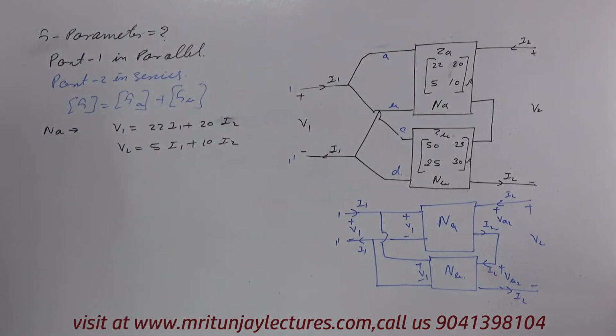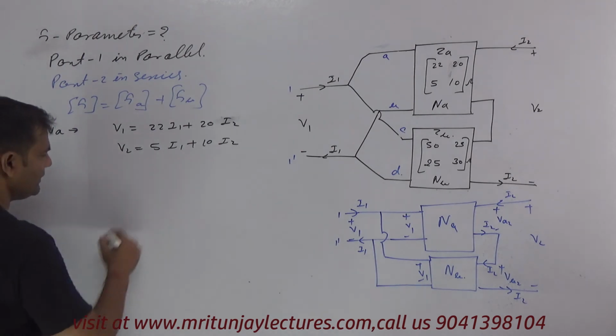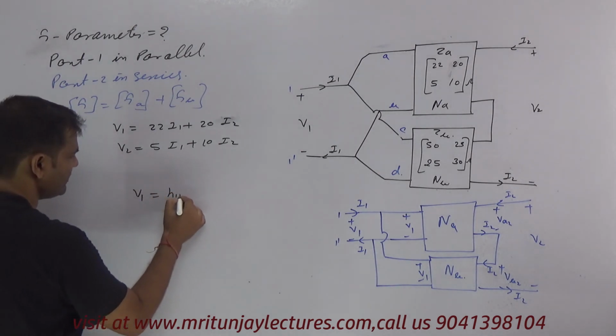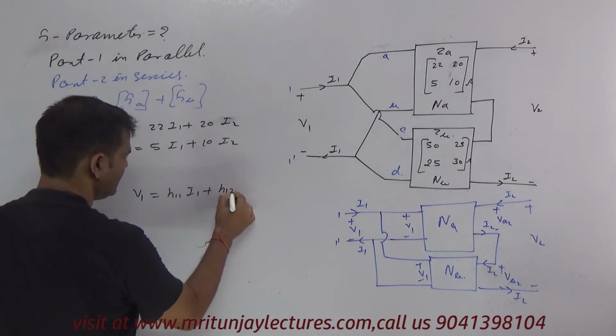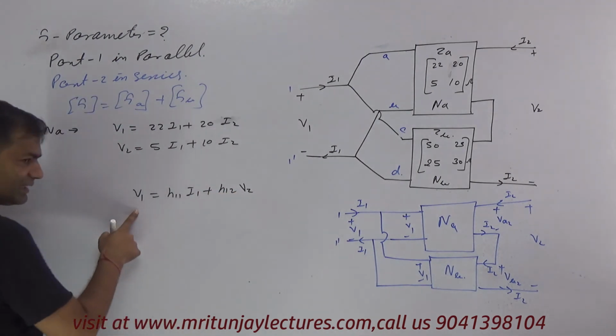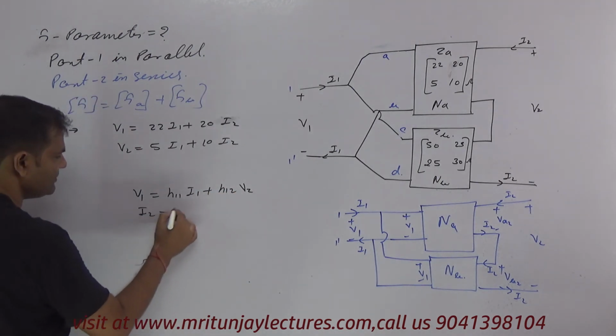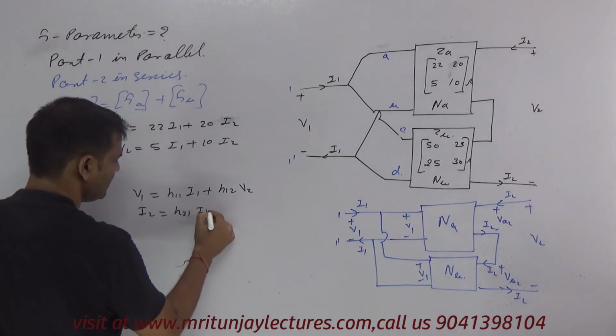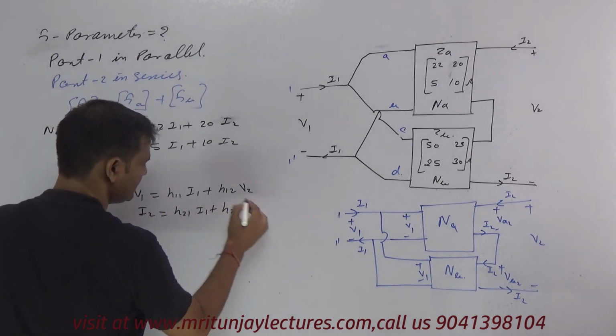Okay, I know that. What about the G parameter? I know that V1 is equal to H11 I1 plus H12 into V2. This is the H parameter, and I2 is equal to H21 I1 plus H22 into V2.